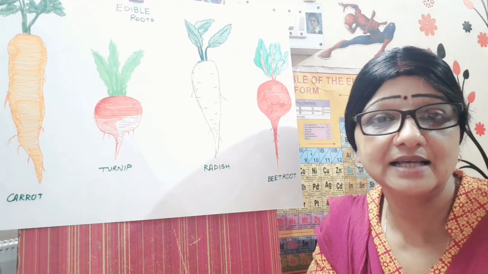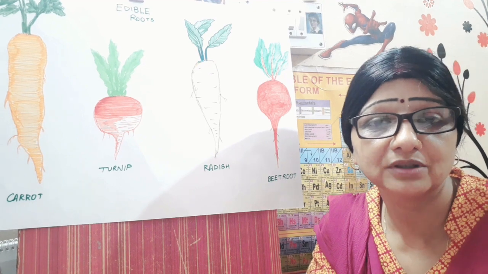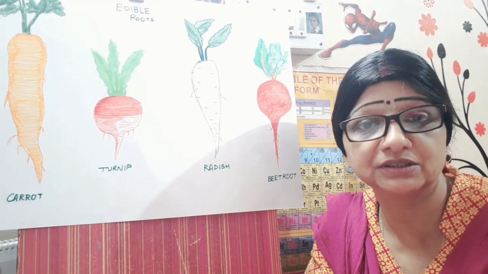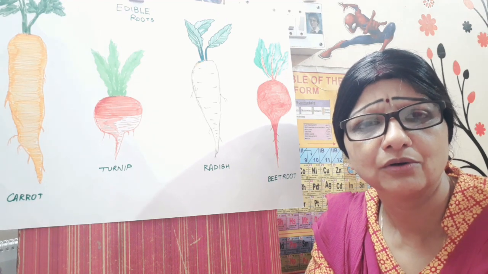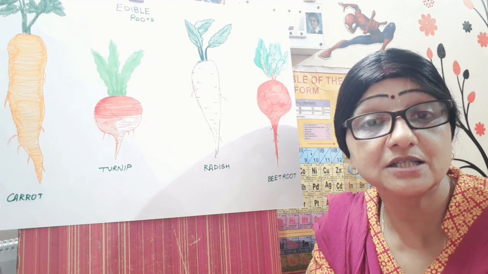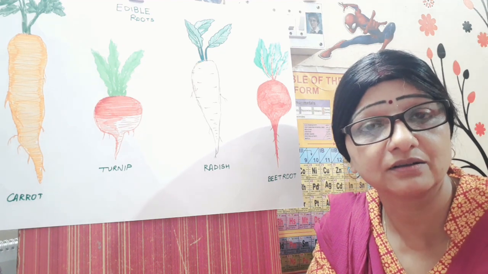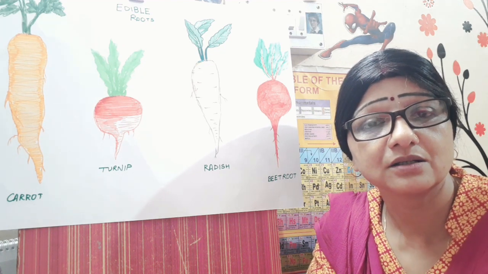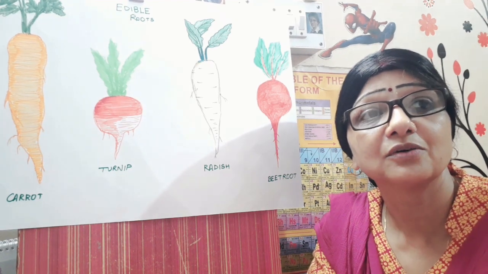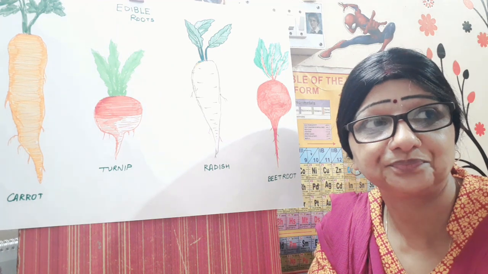Children, as I told you, in some plants, roots perform some special function. Now, we have to think what these special functions are. So, in some plants, roots store food for the plant.